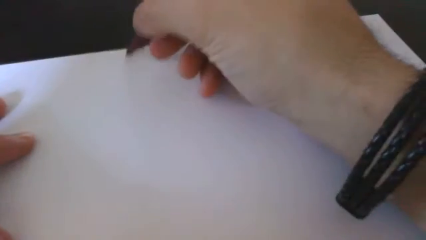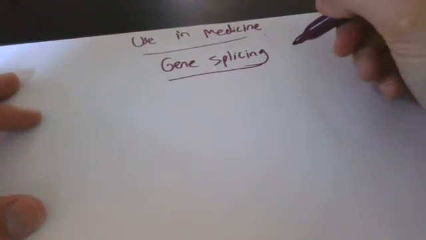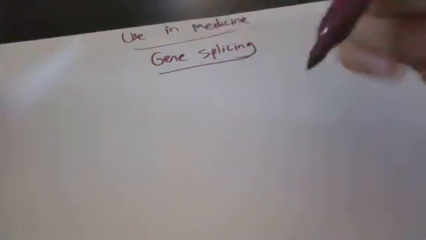Let me now talk about uses in medicine. I want to talk about gene splicing. Now, bacteria have DNA, right? They've got DNA in their chromosomes, but they also have some separate rings of DNA called plasmids.